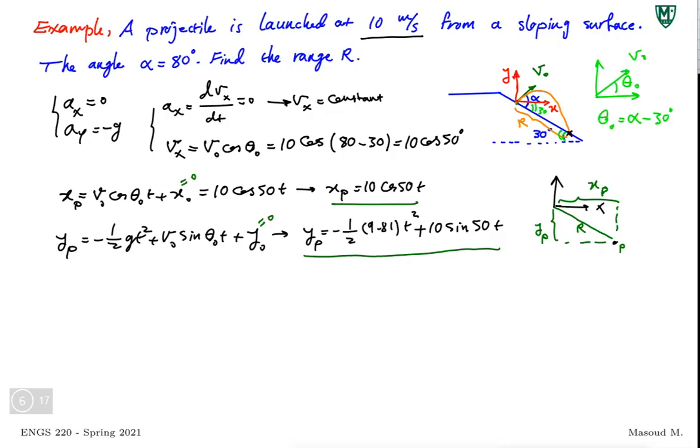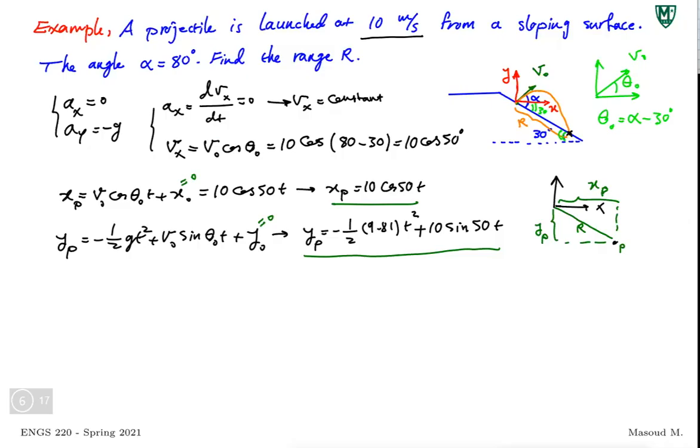So I don't know a lot of things here, right? XP is 10 cosine 50 t. Well, I don't know t. As a result, I can't find XP. YP, right? I don't know YP and I don't know t. So neither of these I can find.